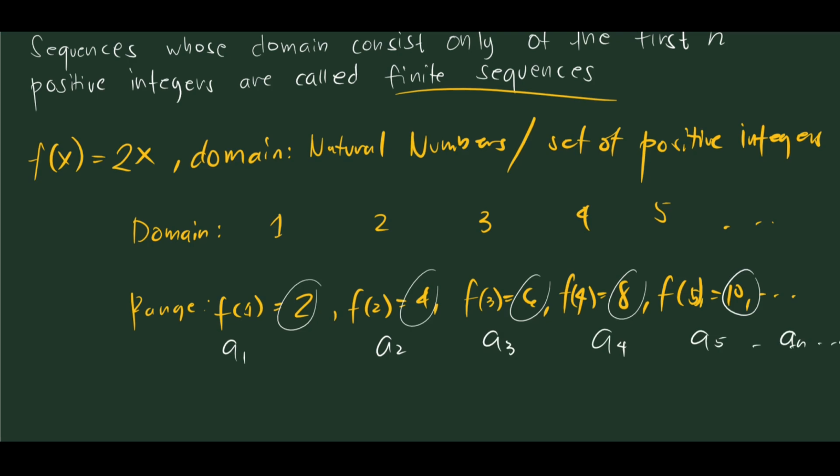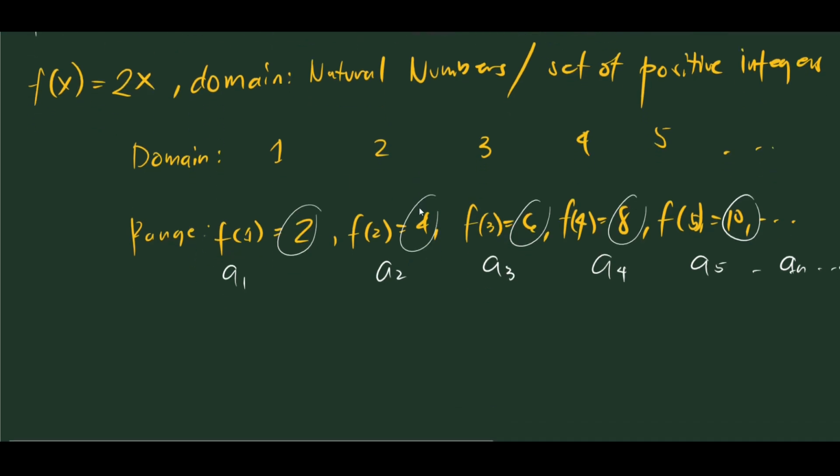It continues depending on our domain. If we write it in this notation, we can denote this entire sequence as a_n equal to 2n. Okay, so that's it for the definition of a sequence.